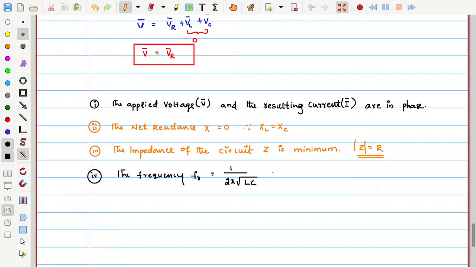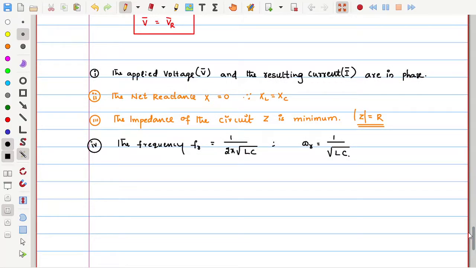If you need the angular frequency, you can write omega r as 1 by square root LC.